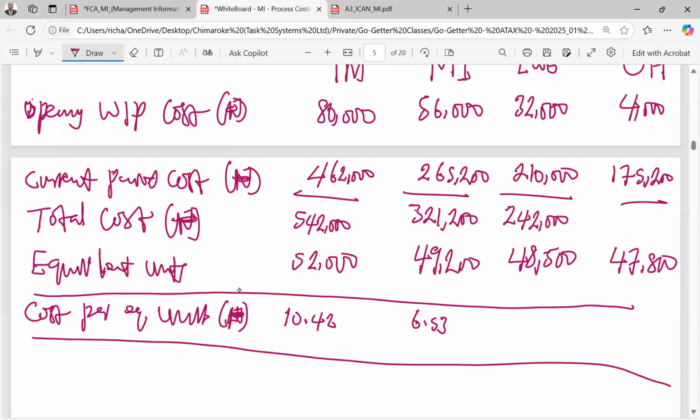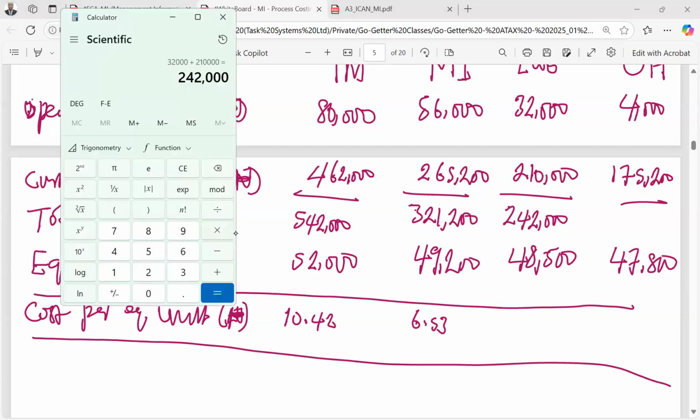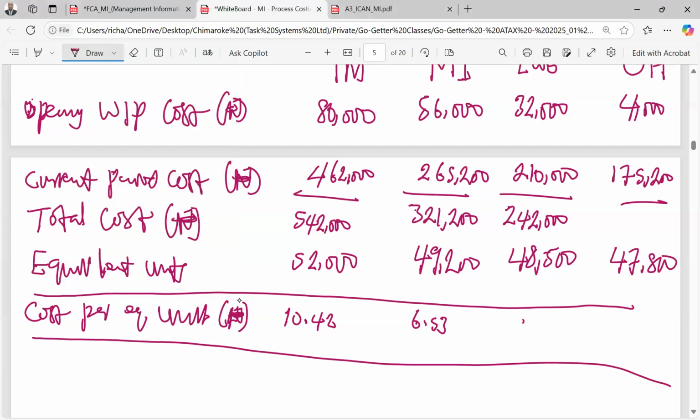I will now divide by 48,500. That gives me 4.99. The last one, 4,000 plus 175,200. That will give me 179,200.